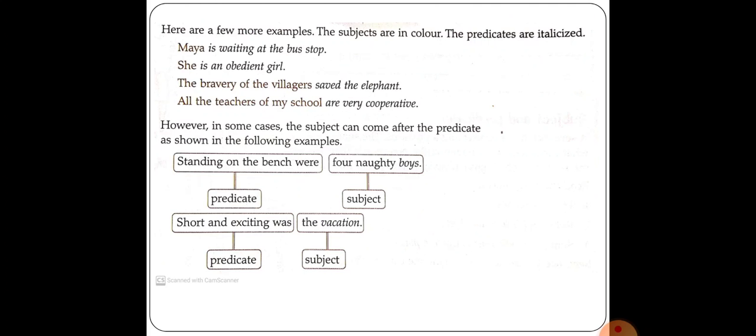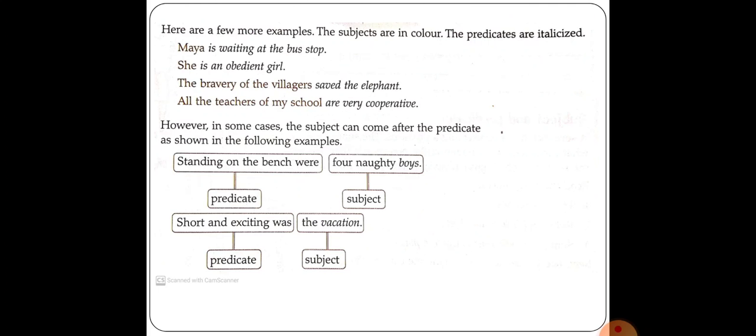However, in some cases the subject can come after the predicate part. You can see some examples. Standing on the beach were four naughty boys.